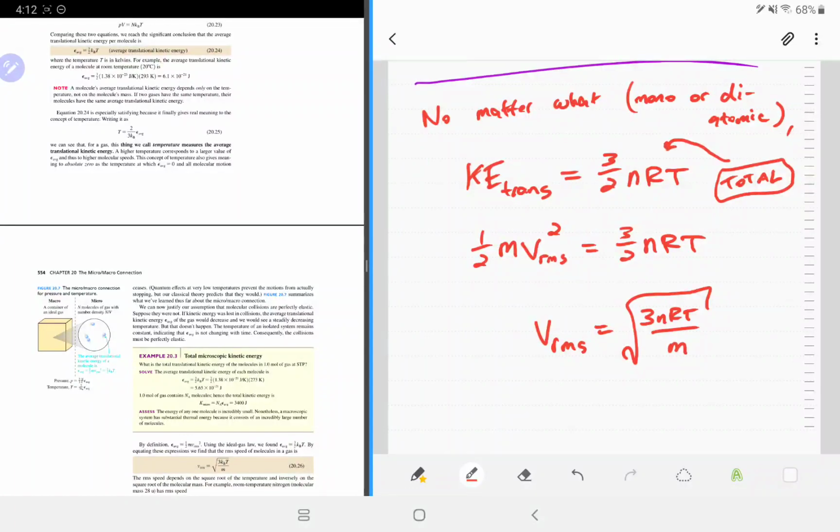So what we just wrote down here is the total energy for all the gas molecules. And right here we just wrote down, so we have to be careful with the mass right here. So here, this is the kinetic energy of all the gas molecules.